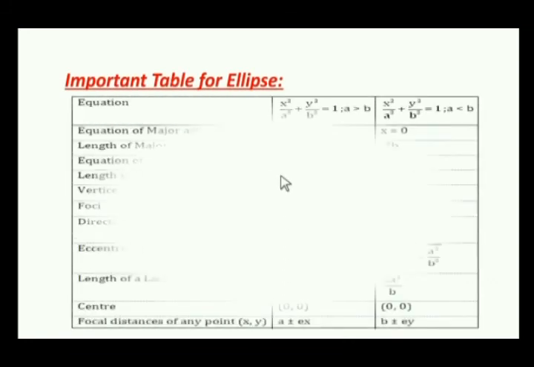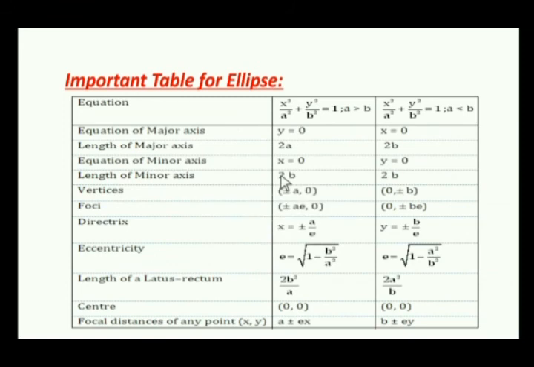Important table for ellipse. This table is very helpful. You should remember, students, the equations given: x square by a square plus y square by b square equal to 1, and x square by a square plus y square by b square equal to 1 with a less than b. Both are in the same case. If you take a greater than b, then we will write b, a here.